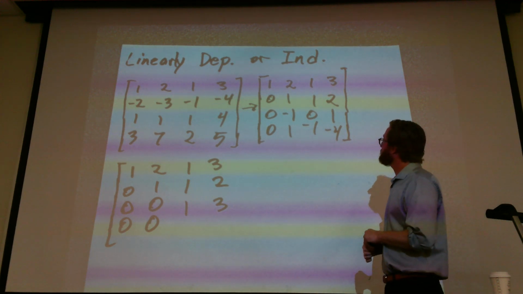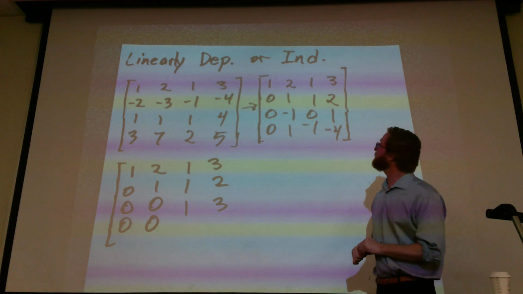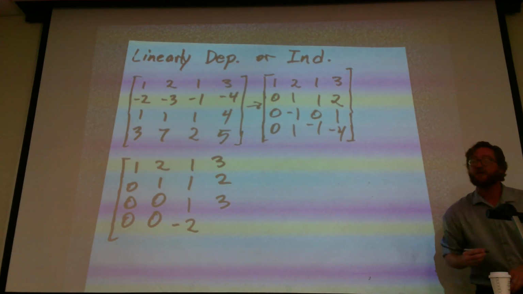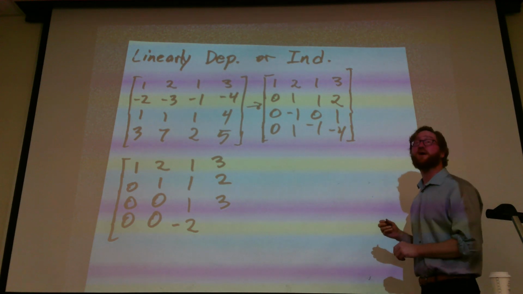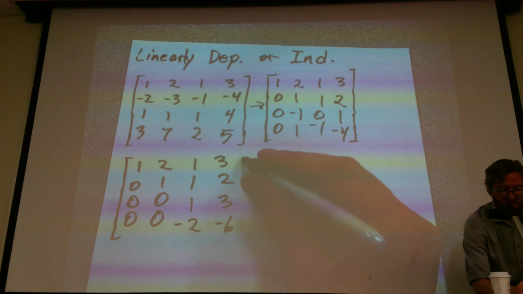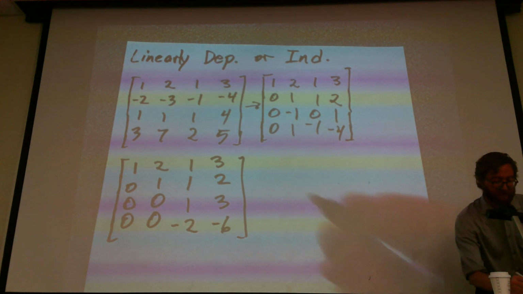Now to do this row, I'm going to have to multiply by negative 1. So negative 1 and negative 1 is a negative 2. Now a negative 2 and a negative 4 is a negative 6.